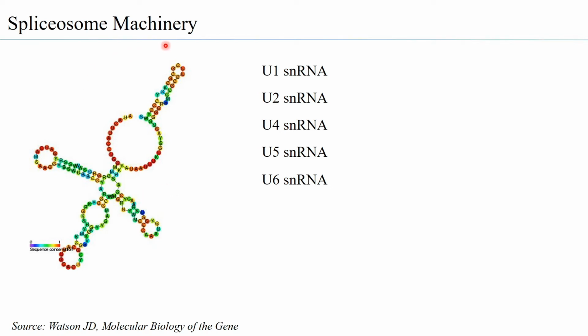But the spliceosome machinery also has various different proteins. Almost 150 odd proteins are present, but these proteins help the small nuclear RNA to carry out the splicing.